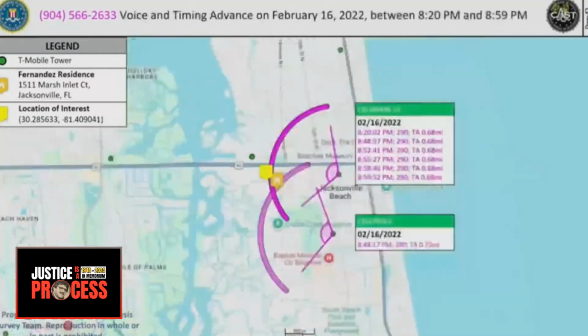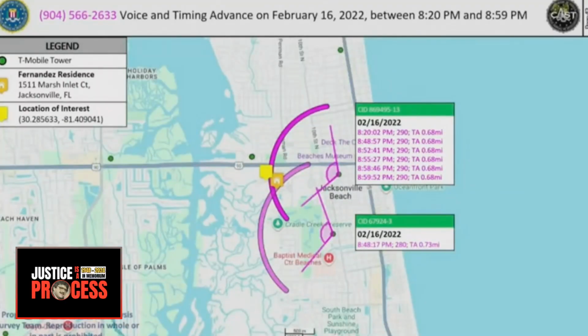Slide 43, we have timing advanced again, recording beginning at 8:20 p.m. with no timing advanced records again until 8:48, and then we have 8:48, 8:52, 8:55, 8:58, 8:59, 8:48, and we see some tower activity.